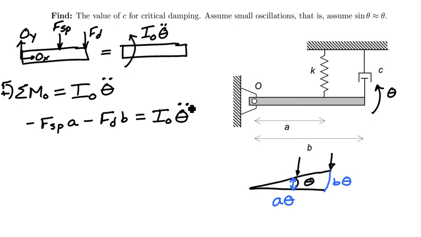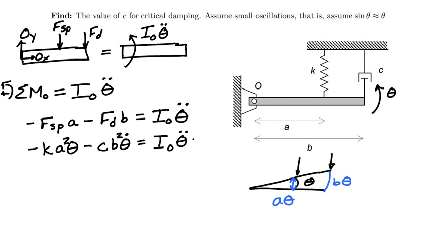Now I can go one step further and note that the force in the spring is going to be the stiffness k times the amount that the point of contact moves, which is a theta, and I'll still have to multiply by the moment arm length, which is another a. Using similar logic for the dissipative force, I'll have the dashpot constant c times the speed of that end, which is b theta dot, and I'll have to multiply by the moment arm length again, which is b. That is equal to I_O times theta double dot.